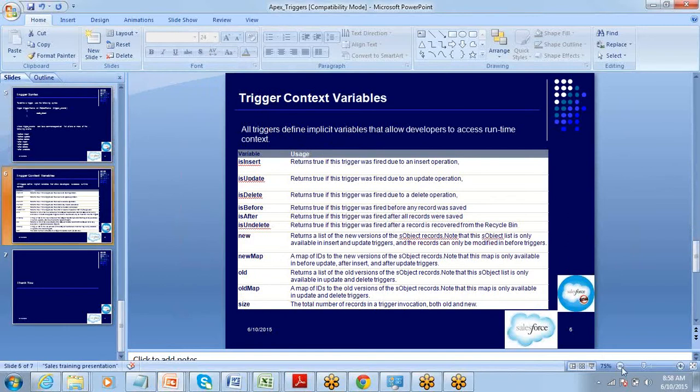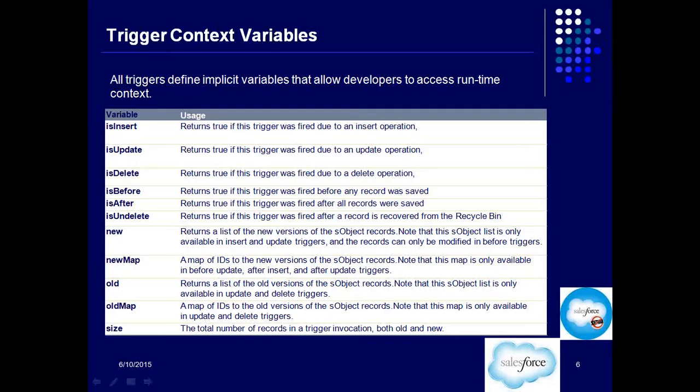All right, I'll not show you all the context variables at once, but there is this new. All right, so trigger.new, what I said, or new. So this trigger.new returns a list of new versions of the sObject records. So this basically returns somehow what Manish was also trying to connect to, that okay fine, if I can have a list of email IDs and see if all the records have email IDs.